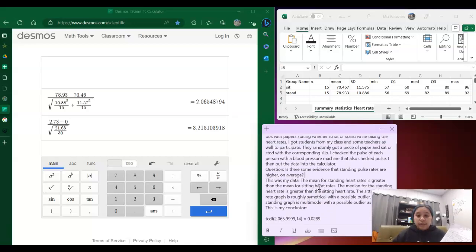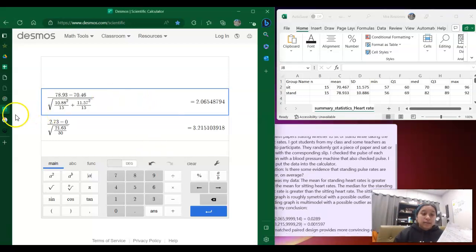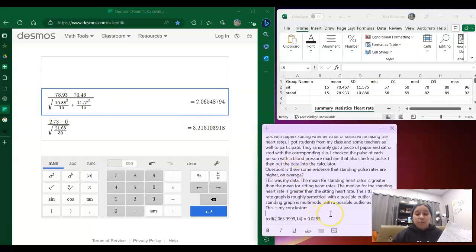In the calculator, you would find tcdf and put your lower bound as 2.065, because you're looking for it to be greater. So your lower bound would be your test statistic, your upper bound would be infinity or 9999, and your df would be 14.